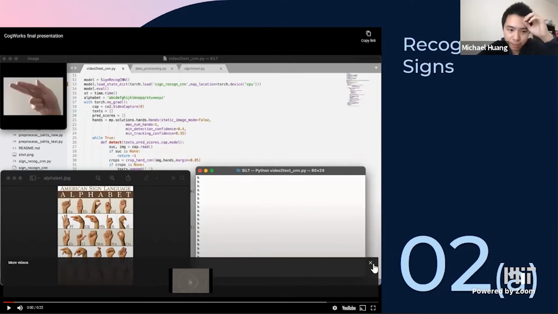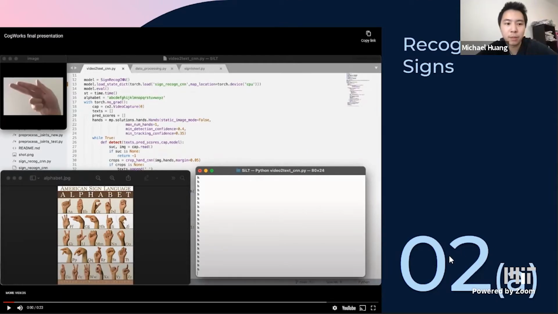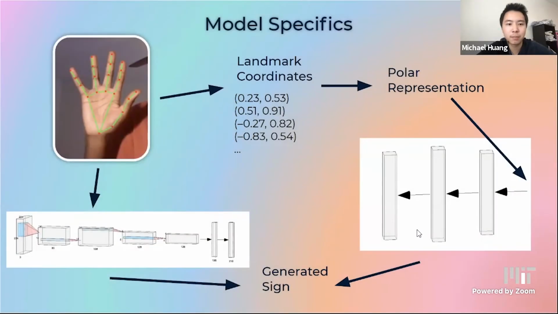Basically, to recognize a sign based on the image and landmarks, we tried two approaches. The first is a convolutional neural network approach, whereby we just pass in the image and try to recognize a sign based on that. The second approach we tried is a densely connected neural network approach, where we pass in the positions of the landmarks and try to recognize a sign based on the locations of the landmarks.